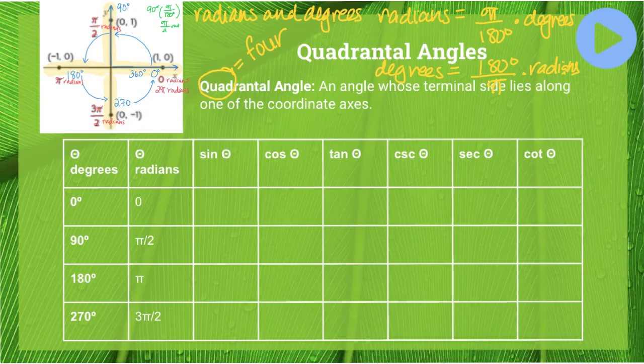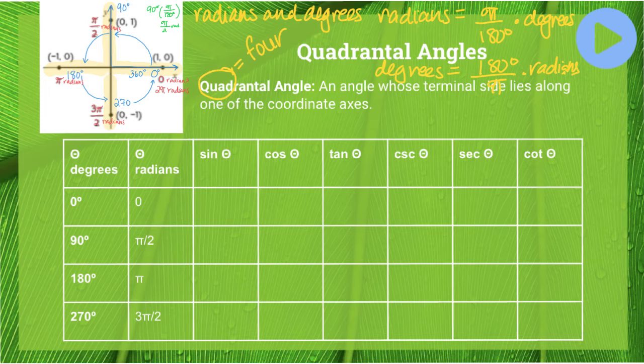So if we zoom back out, we can start to fill in the table here for all of our quadrantal angles. But before we do that, let's go reference the diagram at the top and notice how each of our quadrantal angles has a coordinate written next to them.